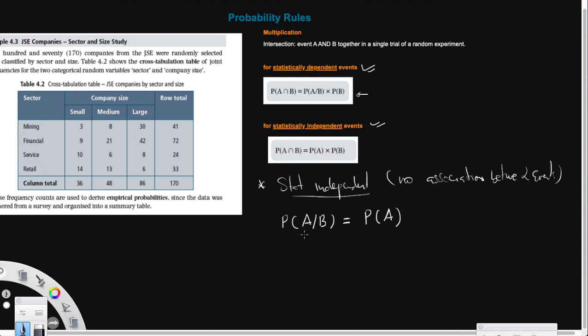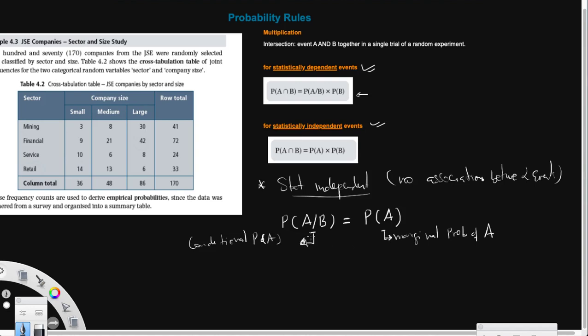If the marginal probability of A equals the conditional probability of A given B, then the events are independent.